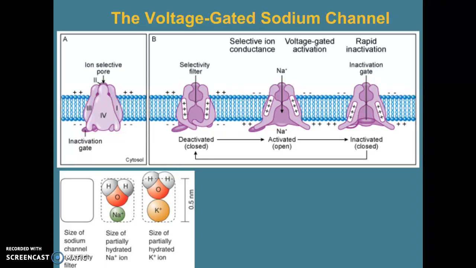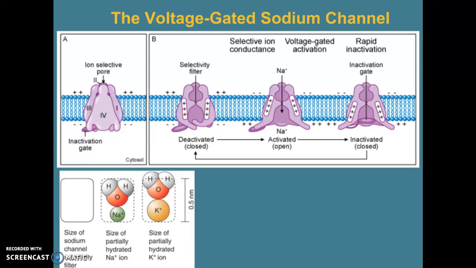Okay, so selectivity is kind of interesting. I said that there were voltage-gated sodium channels and voltage-gated potassium channels. Now, voltage-gated sodium channels, the way that they work is there are these very positively charged alpha helices, and when the membrane potential depolarizes, so that there's not as much positive on the outside as there was before, these positively charged alpha helices are going to be repulsed by the positive charge on the inside of the cell, and that's going to cause the channel to open.